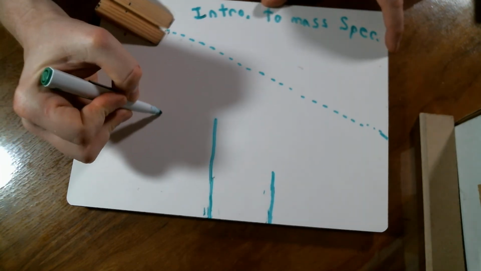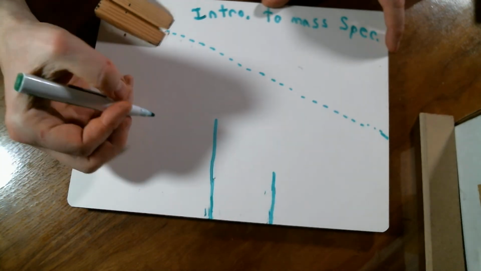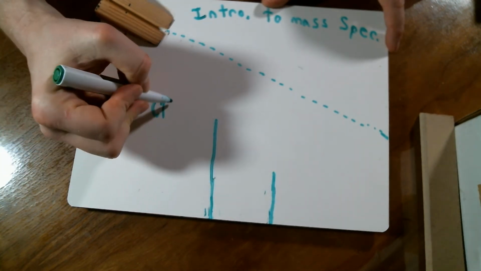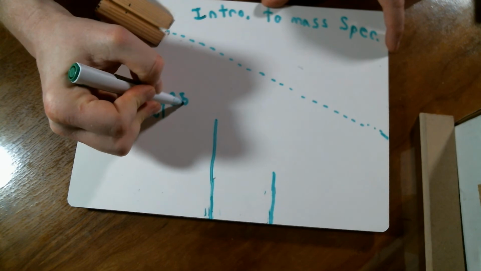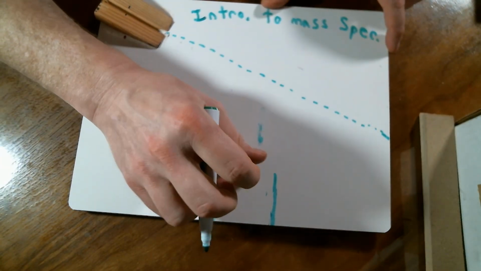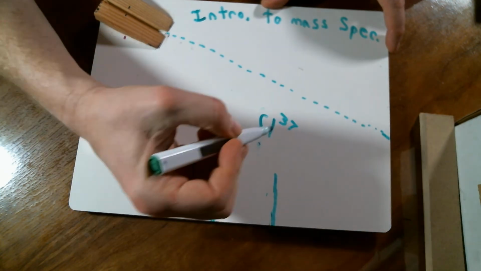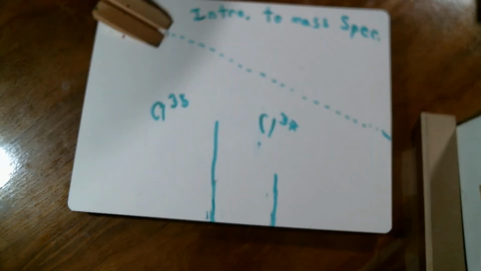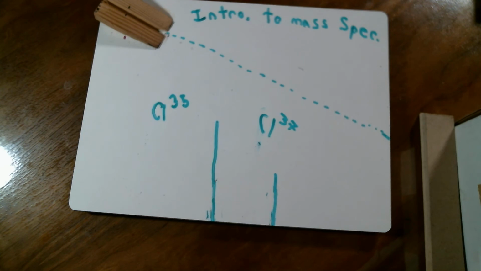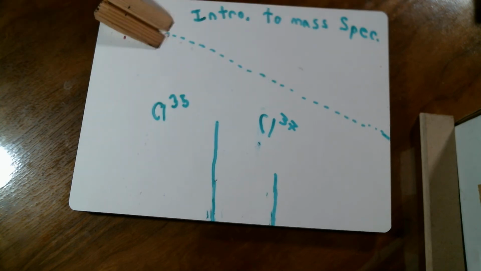So let's say that we have chlorine 37 and chlorine 35. So if I have isotopes of chlorine 37 and chlorine 35, what would I need to do to be able to separate out chlorine 35 from chlorine 37?